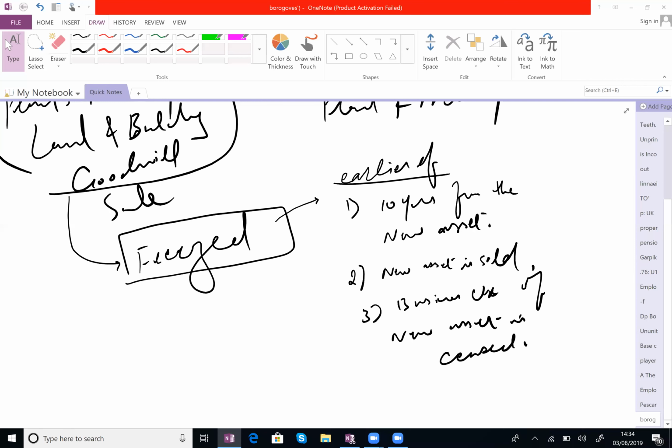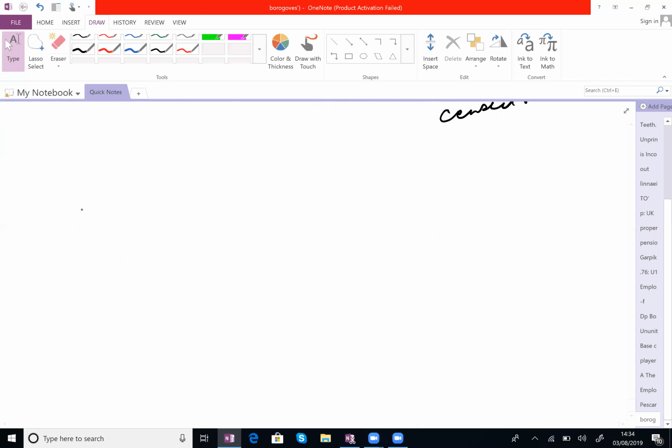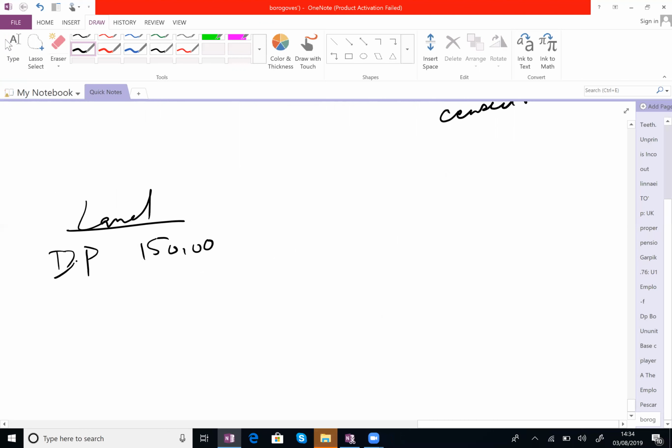For example, I am selling the land and the disposal proceeds of the land are, as you can say, 150,000, and you purchased this land for 120,000.